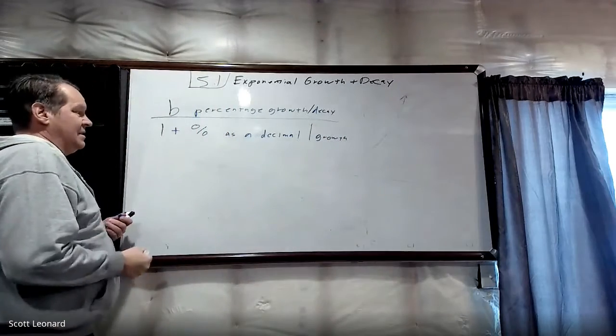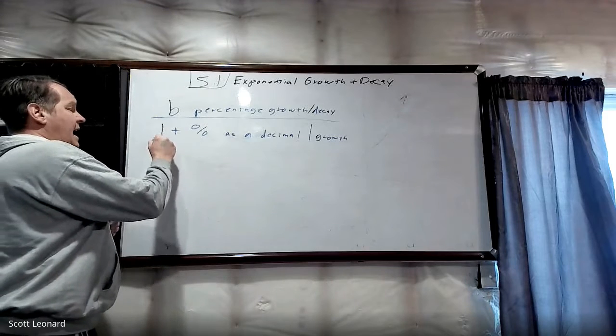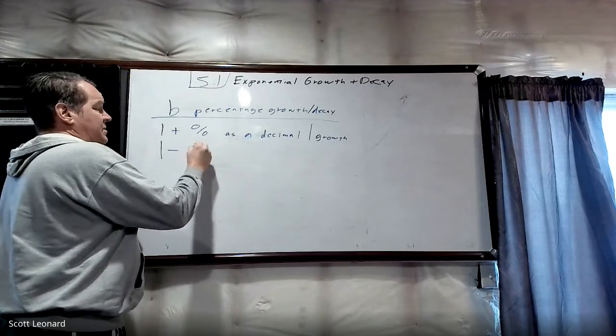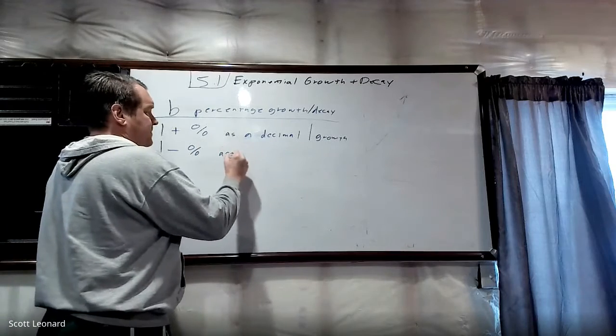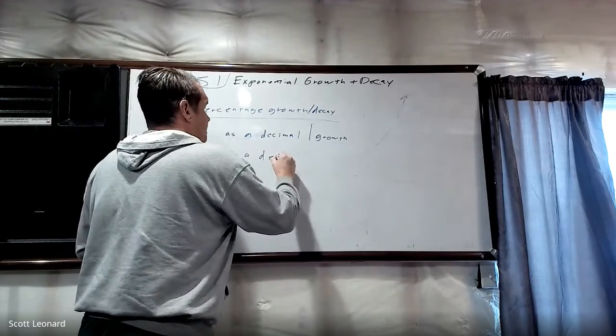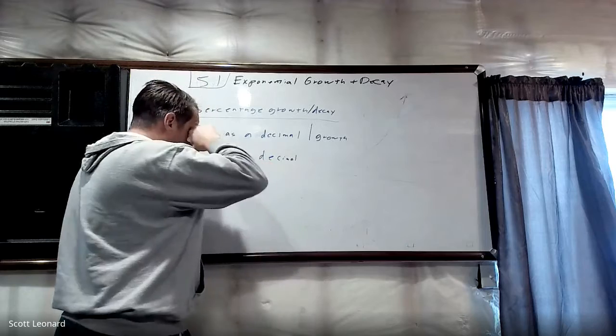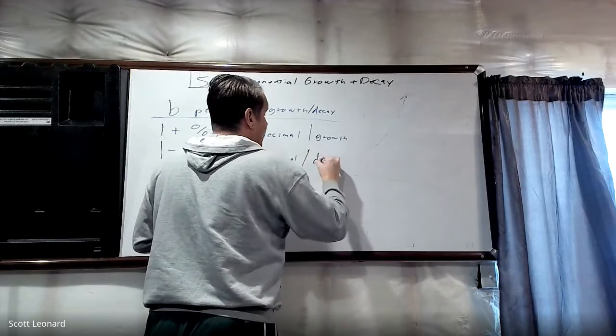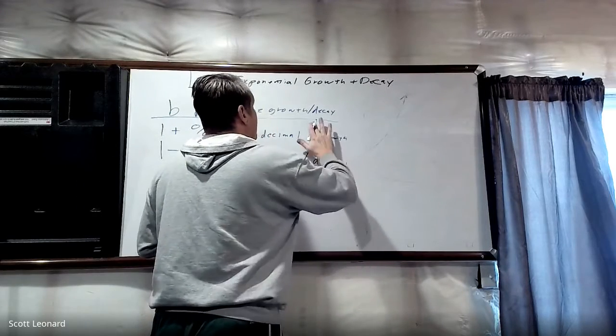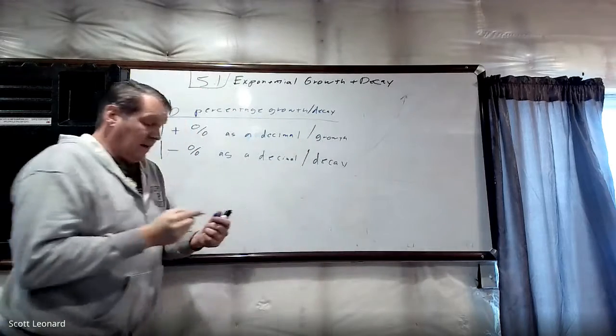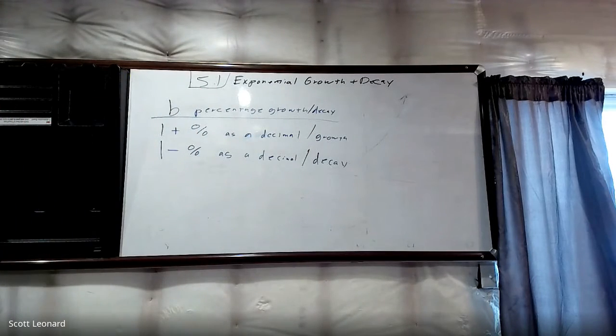I'll explain this here in a second. For a decay problem, we'll take 1 minus the percentage as a decimal. For decay. I'll give you a second to get that written down, and then we'll go through about 4 or 5 examples.